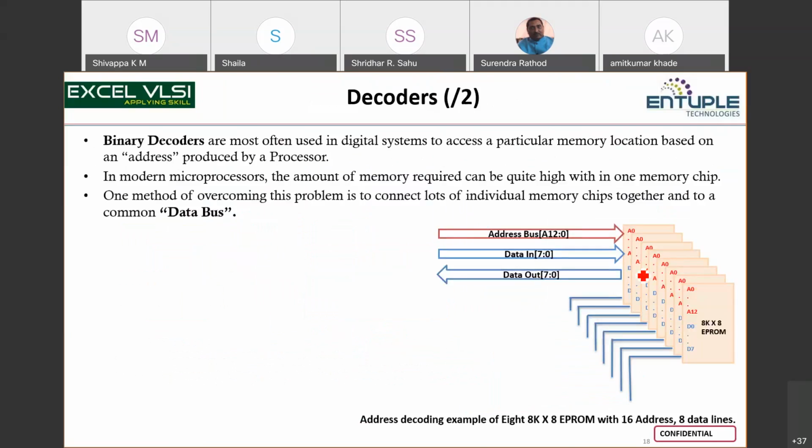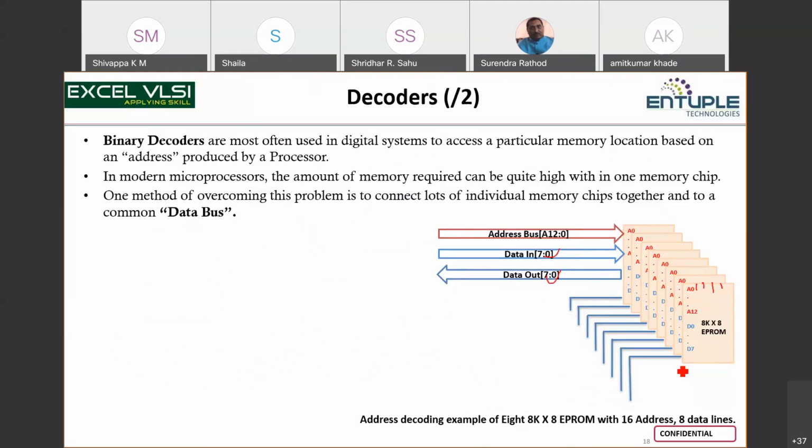These 8 peripherals, let us say they are all memories, 8 memories, each of size 8K. And the right-hand side 8 is the data bus. We also say this is the width of the data bus.